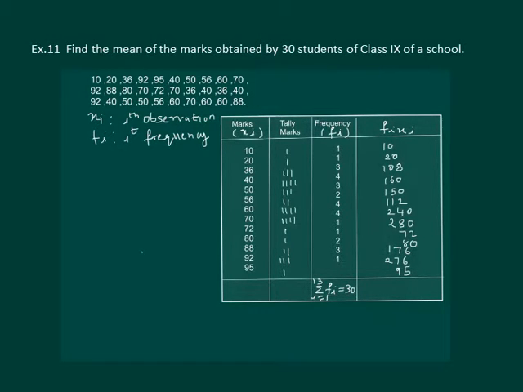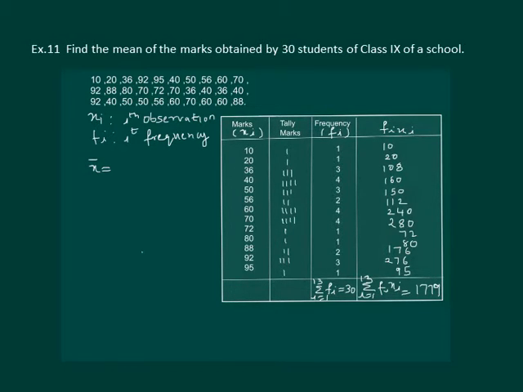Similarly, we will find out the sum of all the entries in the column fixi, that can be written as sigma i varying from 1 to 13 fixi equal to, on calculations we get 1779.